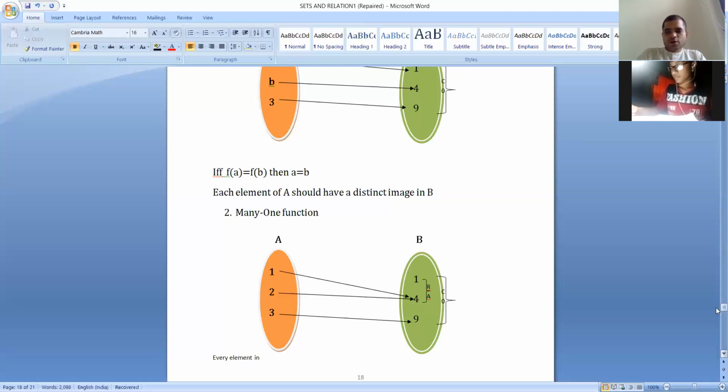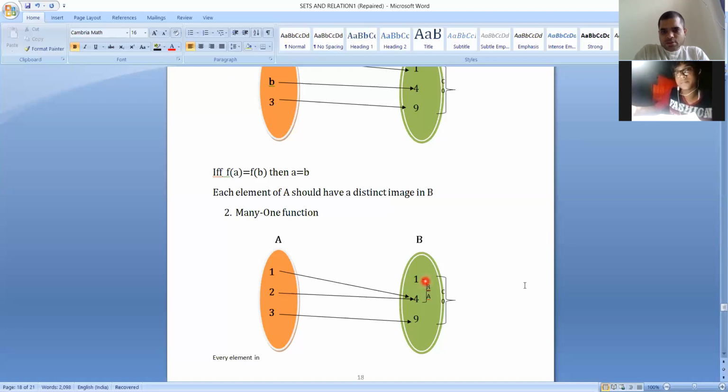Now, what is an onto function? An onto function is one where there is no element in set B which is left out, meaning which does not have a pre-image. Here you can see there are three elements in set B, 1, 4 and 9, but 1 does not have a pre-image.